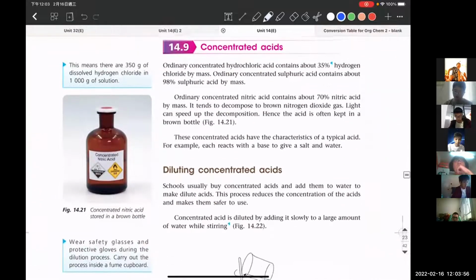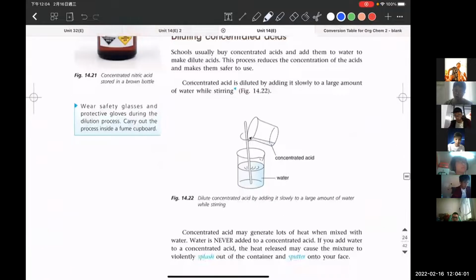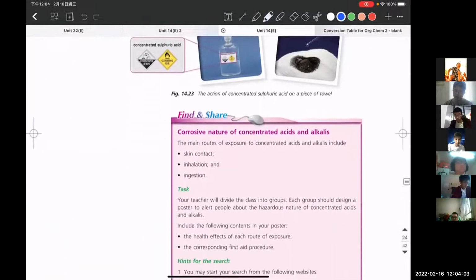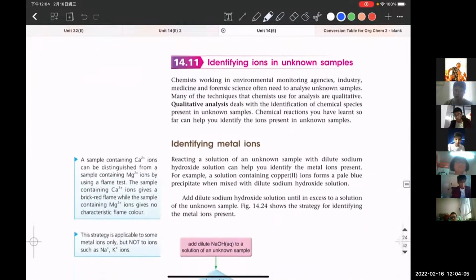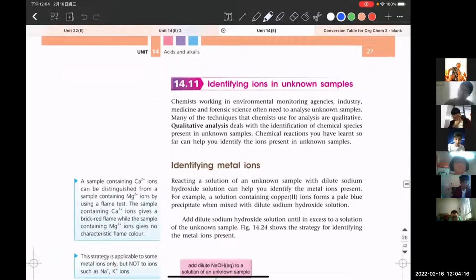Now, if not, we come to the other. What is the point of telling you so much about this? It's because of the term identifying the unknown compound. Indeed, it is a basics of qualitative analysis.